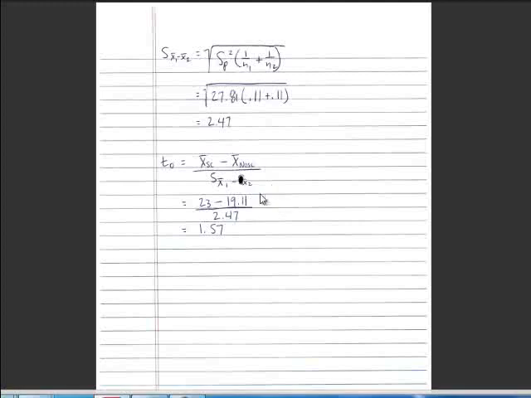Okay, so I should have just brought down s sub x bar 1 minus x bar 2. And so then, again, it's just a matter of doing the math, bringing the numbers down. So our t observed for this data is equal to the mean of the scented group minus the mean of the non-scented group divided by that standard error. And what we find here is that our t observed is equal to, for this set of data, 1.57.